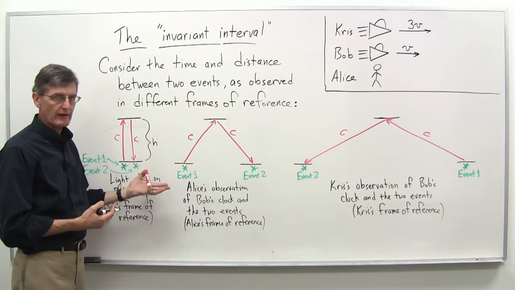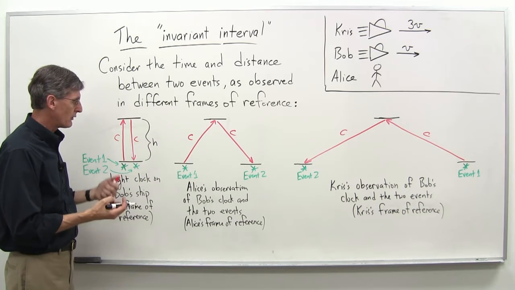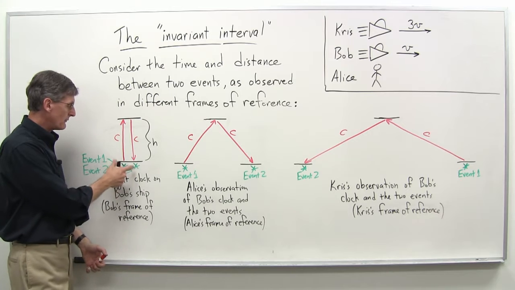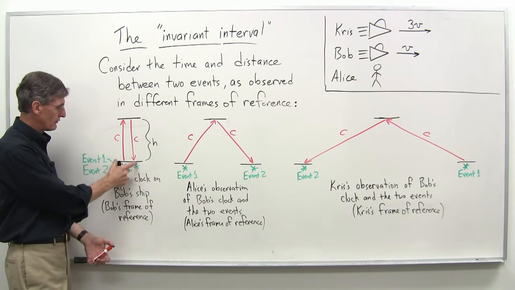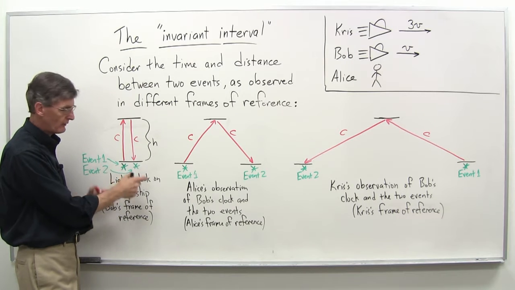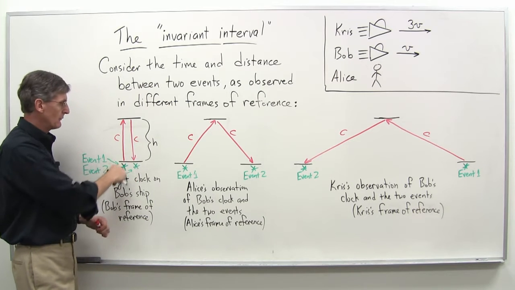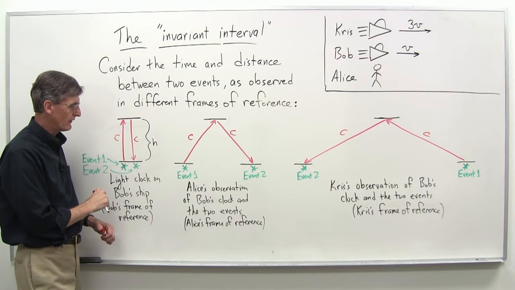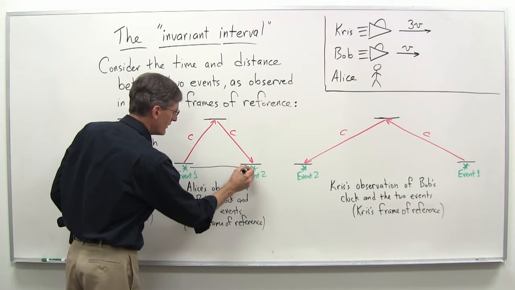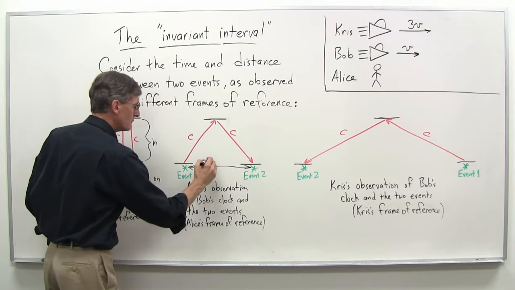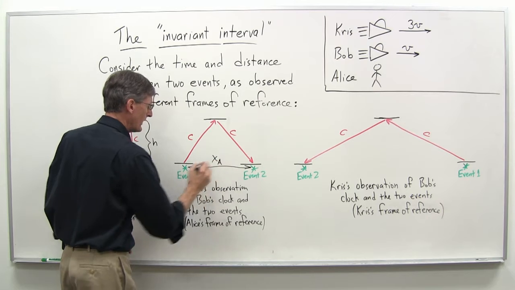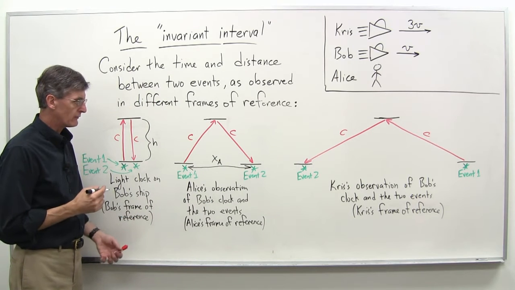But we needed to define another quantity, and that is the distance between the two events. Clearly for Bob, the distance between the events is essentially 0. We drew them a little bit apart, but we'll assume the light pulse goes up, comes back down, and hits the same spot. For Alice, however, we'll call the distance between the two events in Alice's frame of reference x sub a, a for Alice.